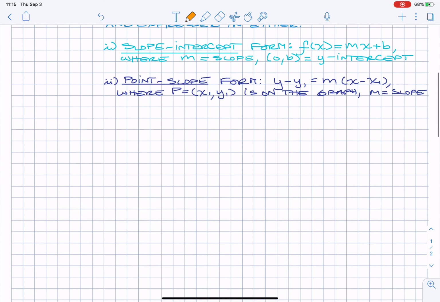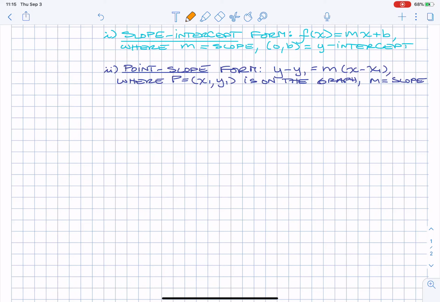Okay, so let's consider a few cases, four cases. What I'd like to do is draw four different x and y coordinate axes. I'll make them small, and I'll copy and paste because I want four of these.